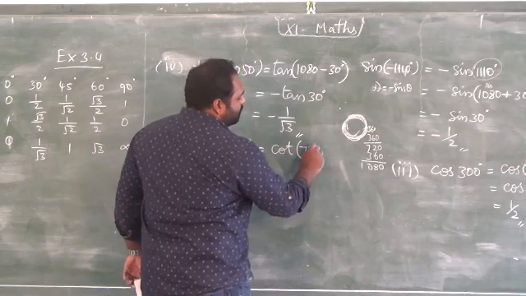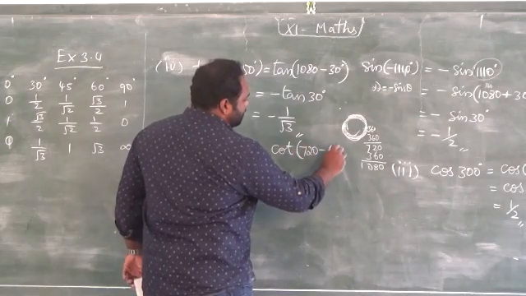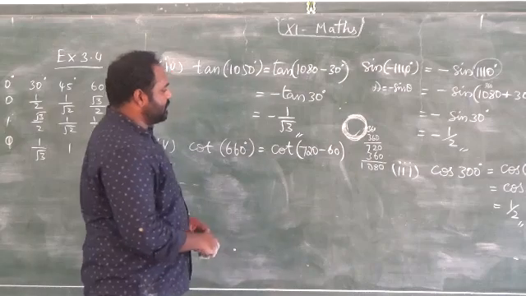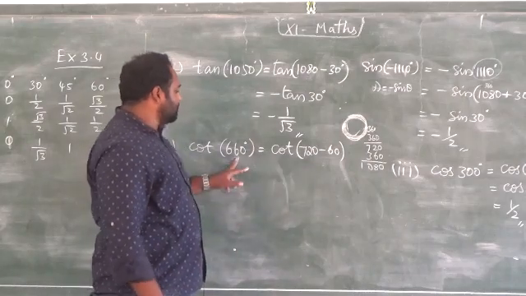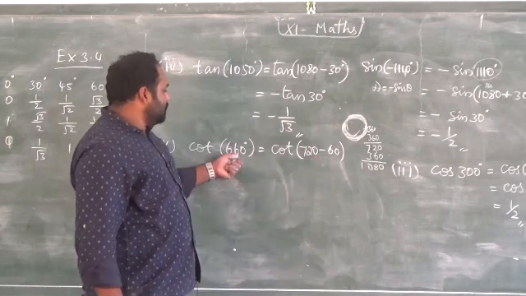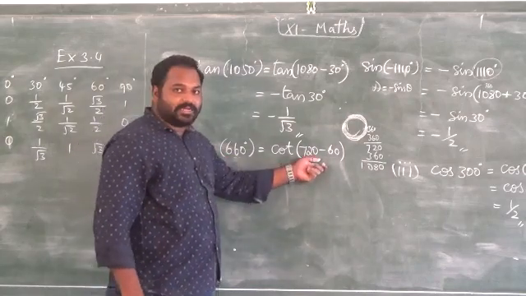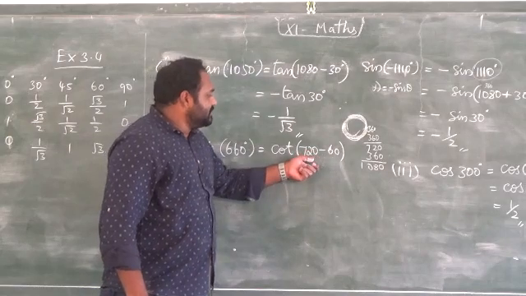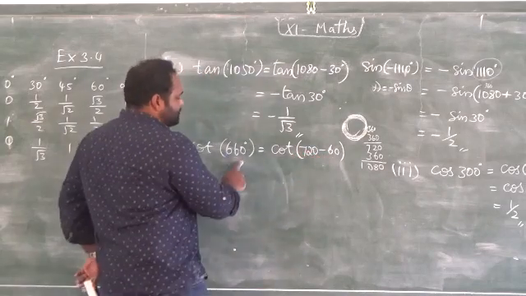So 720 minus 60 is 660, isn't it? If you subtract 60 from 720, you get 660. So instead of 660, can I write 720 minus 60? Yes, we can write 720 minus 60, which is 660.